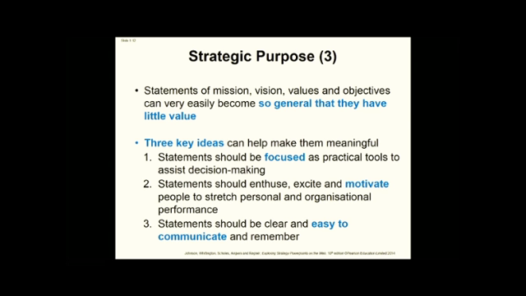Well, great. Every motor manufacturer would like to be the best manufacturer of motor vehicles on the planet. It's very broad. It's not terribly specific. Statements of strategic purpose can be so general they have little value.